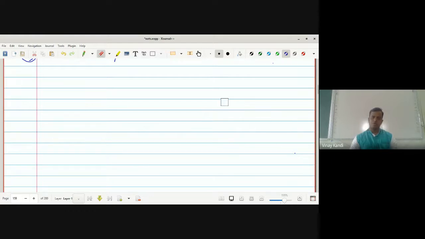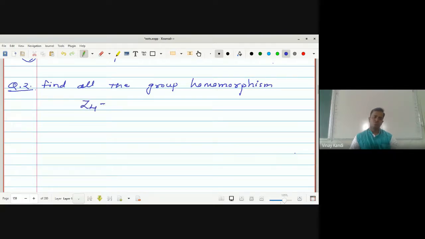Now, one more example. Question number 2. Find all the group homomorphisms from Z4 to Z6.